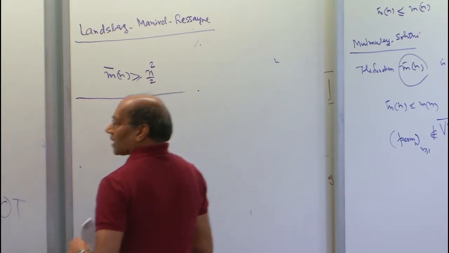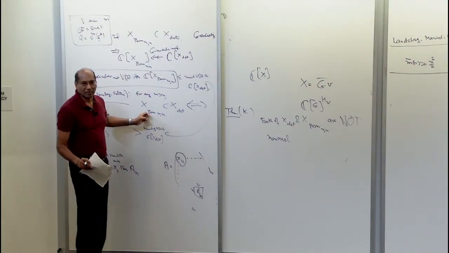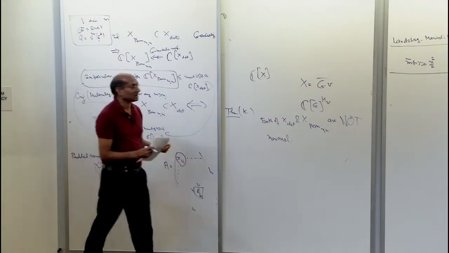Now, as I said, let's try to follow this program. We are looking for representations which occur on the permanent side, which do not occur on the determinant side.